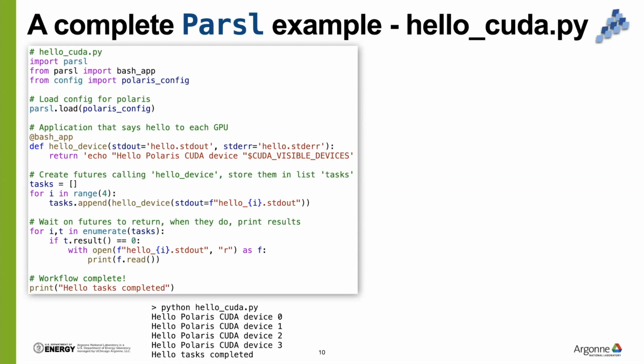Yeah, so I would say that running MPI tasks with Parcel, especially multi-node MPI tasks, is not well supported. Parcel is very useful for high throughput workflows where you're running many tasks that run one per node or one per CPU or GPU. I think Radical might be a good choice. I'm going to talk about another tool called Balsam in a minute that is also very good for this.